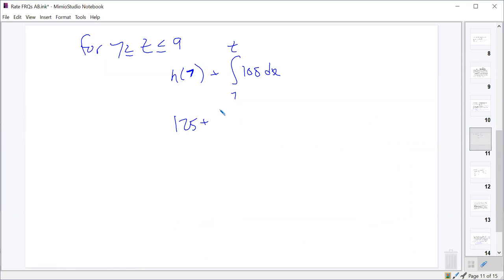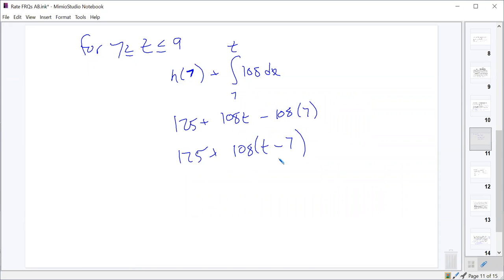So this should be 108t minus 108 times 7, or 125 plus 108 times t minus 7. And so that ought to tell us between 7 and 9 exactly how much we have.